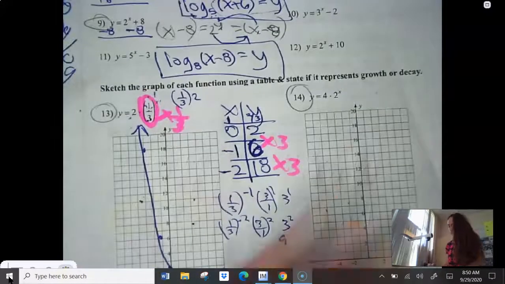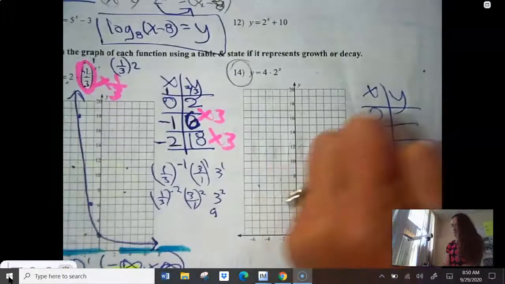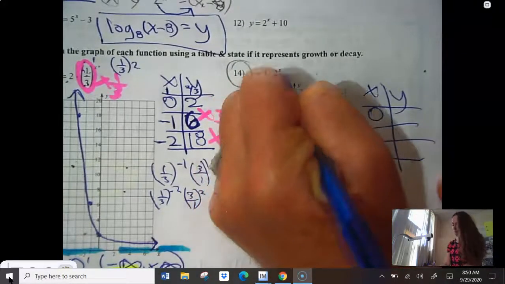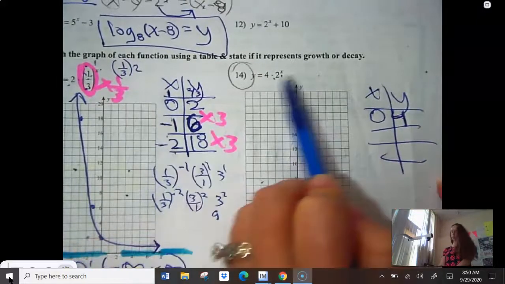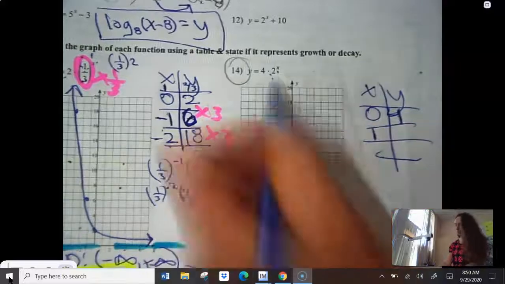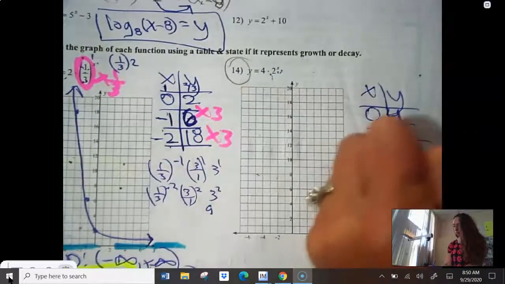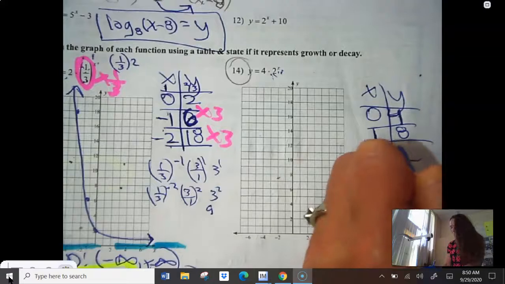Let's go do one more. So I'm going to do x, y. What number am I going to start with? 0. Anything to the 0 power, 1 times 4, 4. Now, do I want to do negatives this time or just do positives? Well, it's a whole number, so I'll do positives. 2 to the first is 2 times 4 is 8. 2 squared is 4 times 4 is 16.